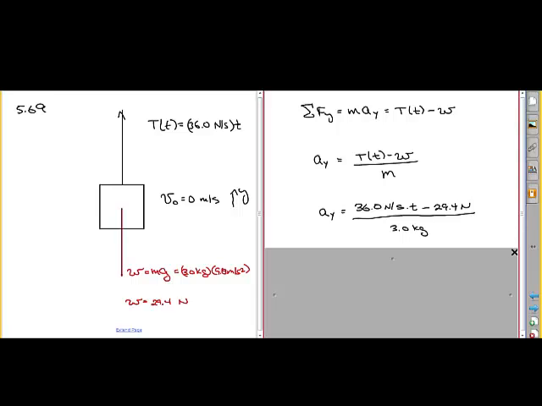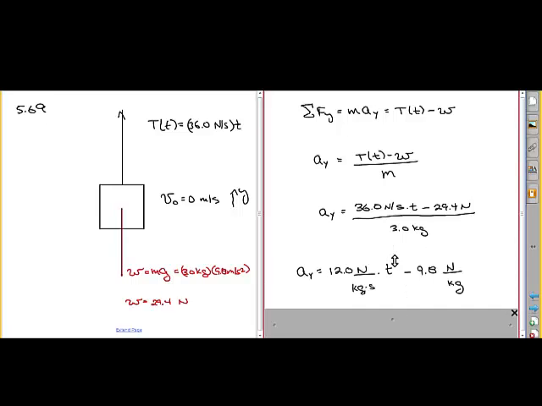So this is going to be 12, and this is going to be something less than 12. Actually, what we get is 9.8. So the acceleration initially is going to be negative 9.8 meters per second squared, and then it's going to become less negative, and then it's going to become positive.